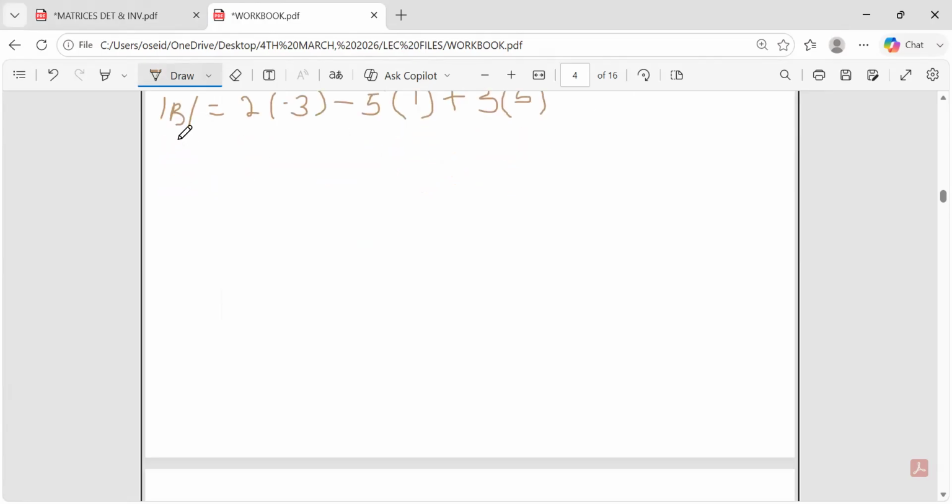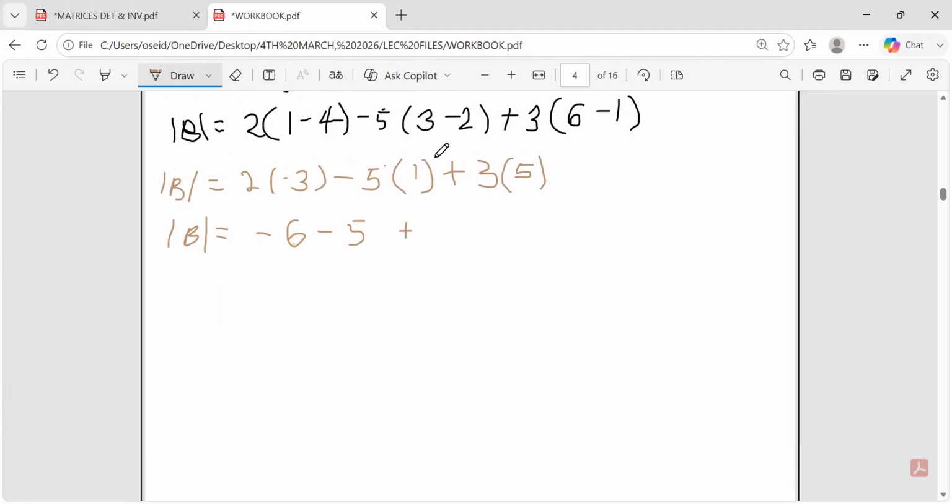Alright. So that B will give us 2 times negative 3, which gives negative 6, minus 5 times 1 gives 5, plus 3 times 5 is 15, plus 15.